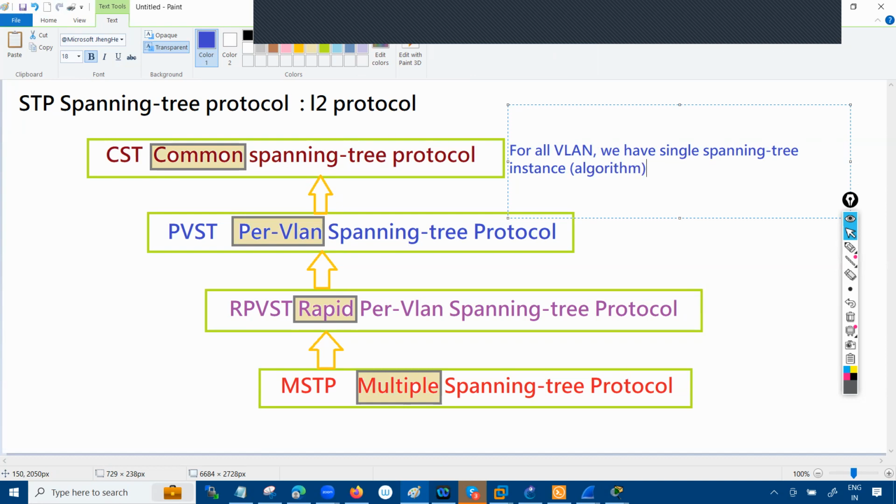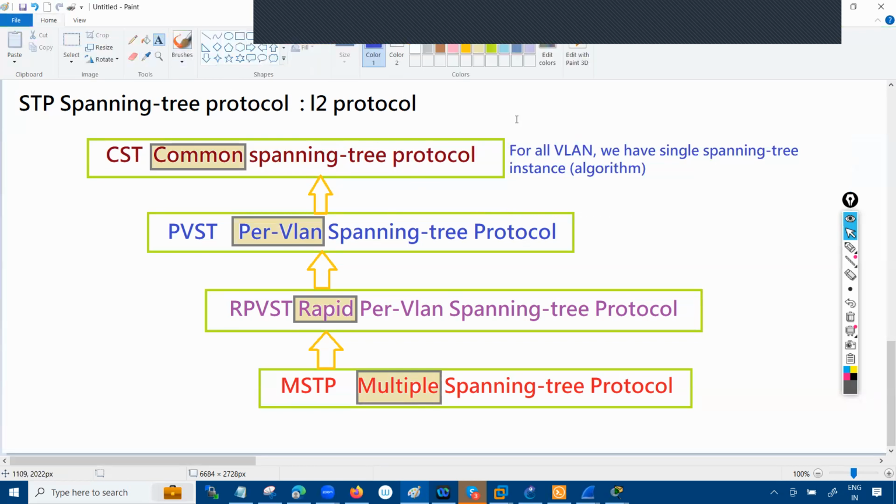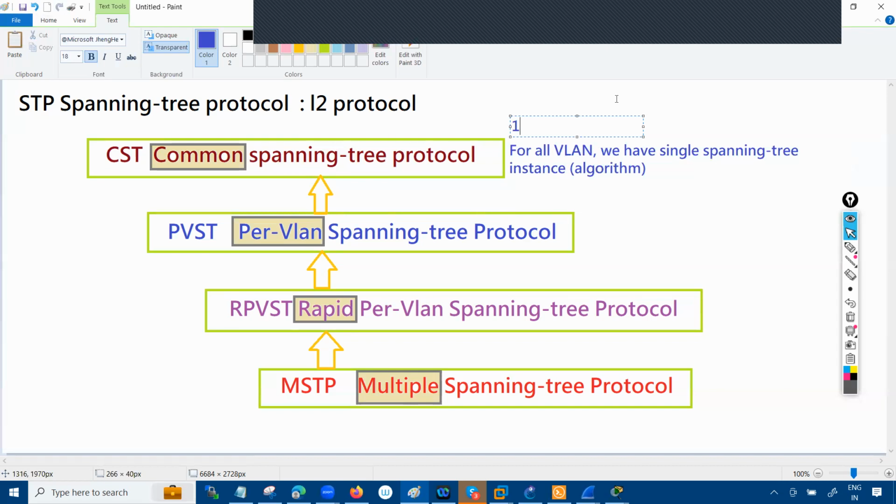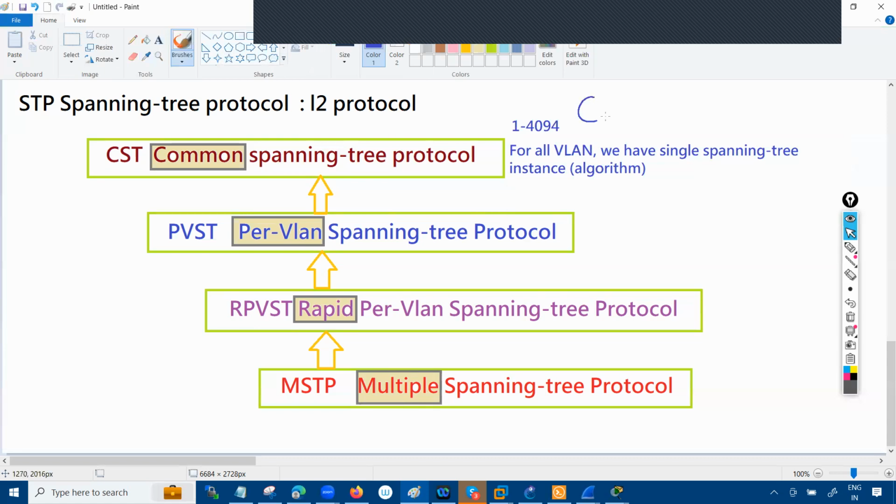Let me make it easy. For all VLANs, from 1 to 4094, you have this range of VLANs, and for all of them you have just a single spanning tree. A single guy represents all the VLANs. Single instance.